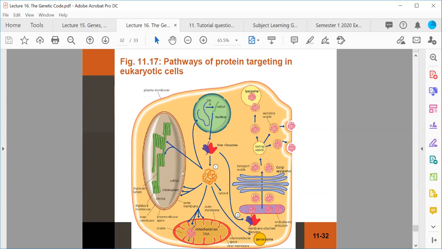It could be targeted to the membranes of the chloroplast, or it may be required on the thylakoid membranes inside the chloroplast. The protein may be targeted back into the nucleus. This could be, for example, a histone protein that's required as part of the packaging of the DNA.